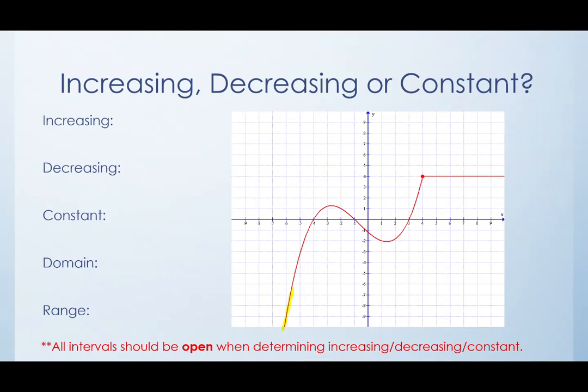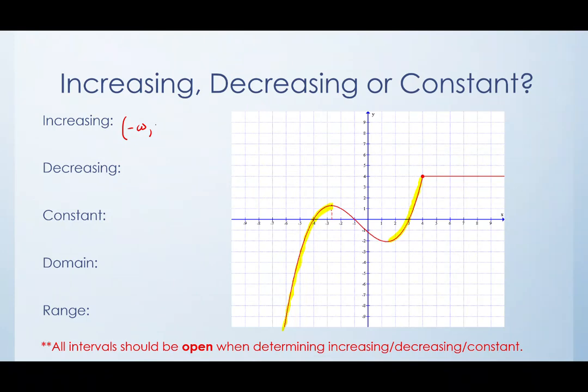So we can see as we go left to right on our function, it's increasing on this segment and also here, right? So we're going to eyeball those. So our x interval on there, negative infinity till, we can eyeball that. Negative 2.6, negative 2.7.